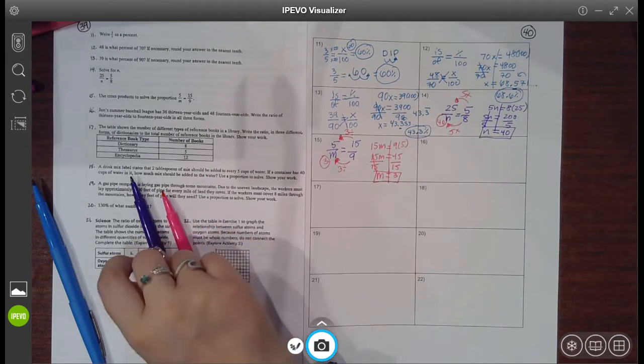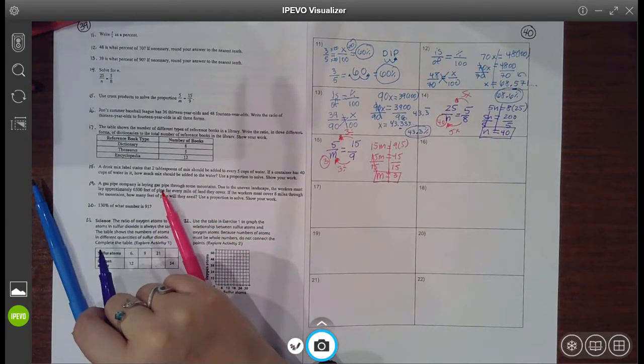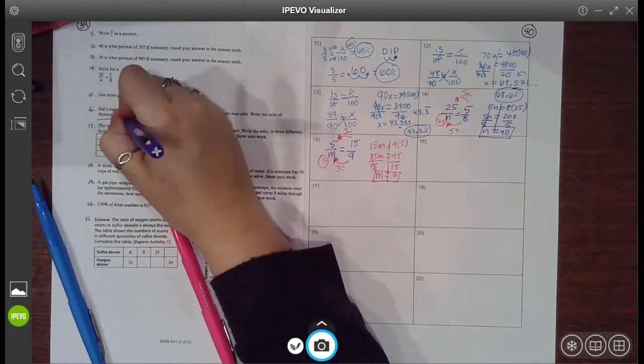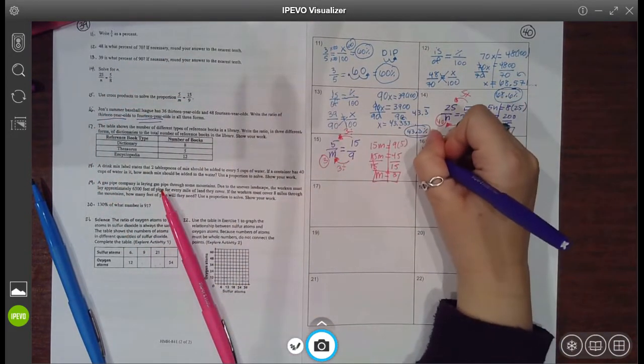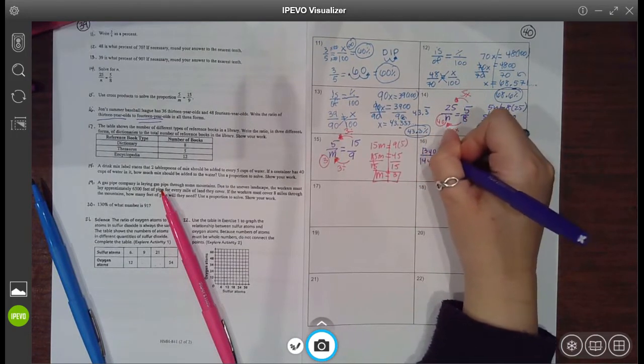Okay, number 16 says John's Summer Baseball League has 36 13-year-olds and 48 14-year-olds. Write the ratio of, okay, when they say blank to blank, it matters. They want it in that order. So we want 13-year-olds on top and 14-year-olds on the bottom.